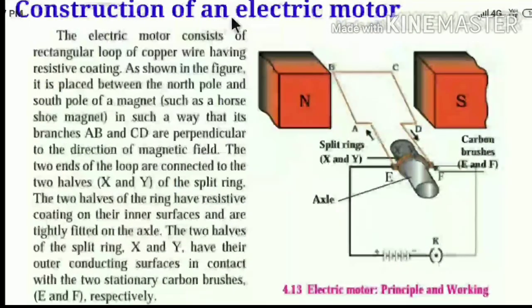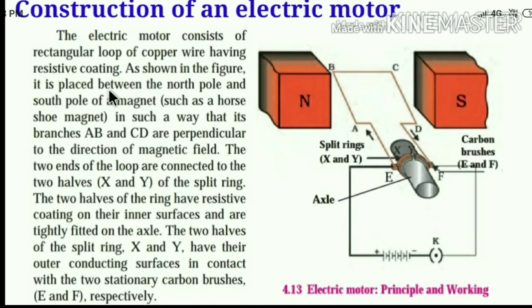Construction of an electric motor. So, which components are used in this electric motor? Electric motor consists of a rectangular loop of copper wire having resistive coating. So, this A, B, C, D is copper wire having resistive coating.